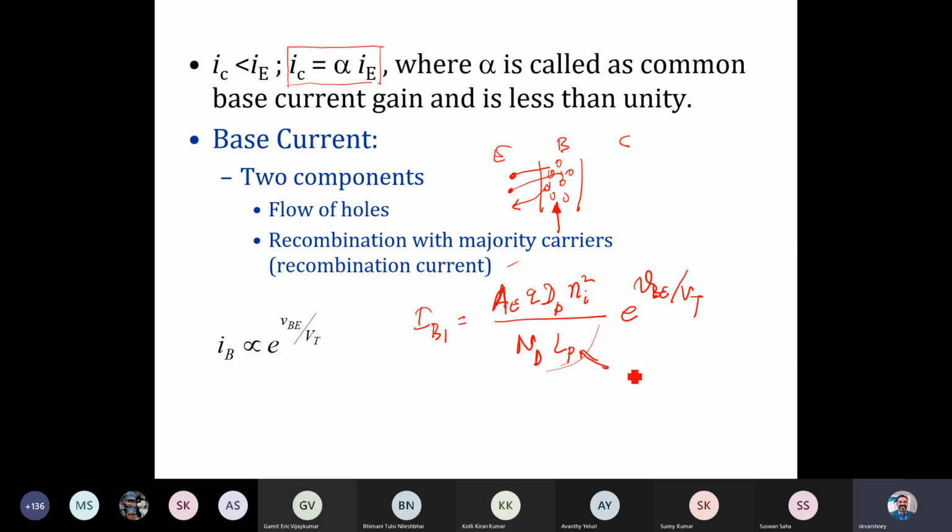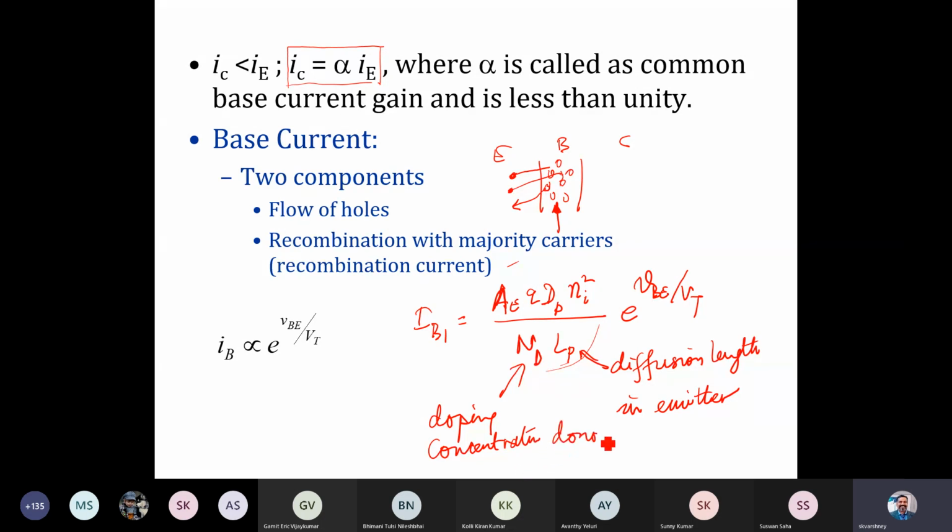So ND is the doping concentration of donor atoms, and A_E is the cross section area of the emitter region.